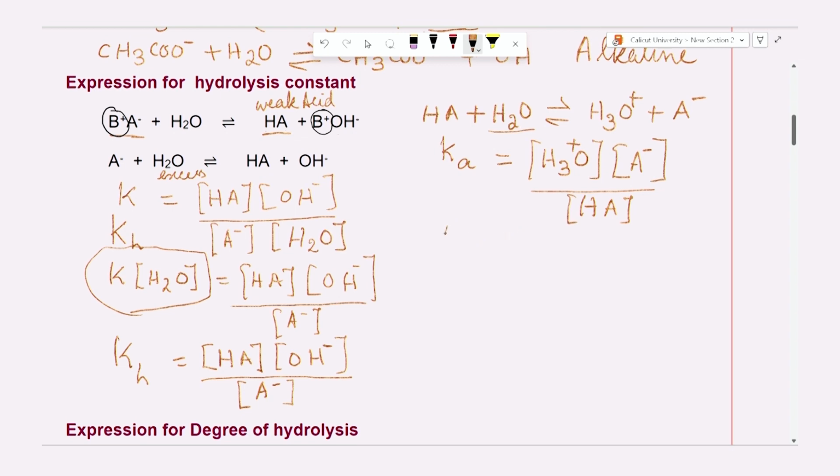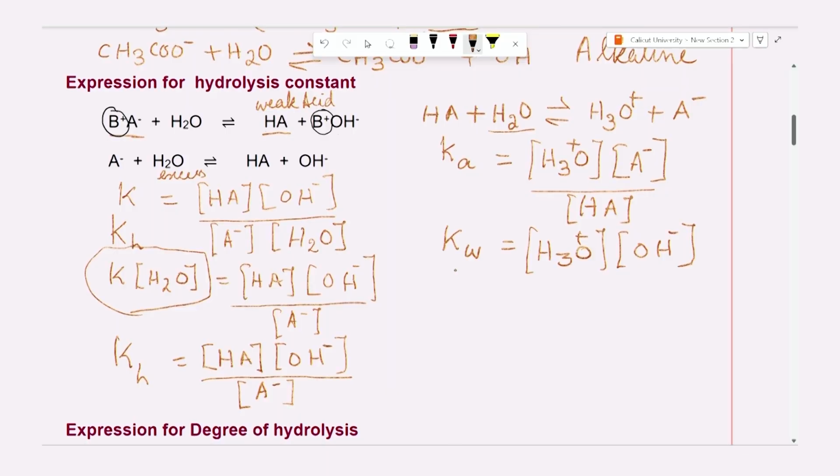We know another factor, that is the ionic product of water, Kw, equal to concentration of H3O plus into concentration of OH minus. Now, we want an expression of Kh in terms of the dissociation constant of a weak acid. Just watch what happens when I divide Kw by Ka.